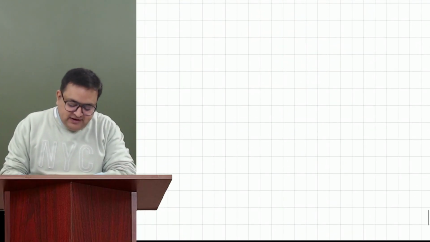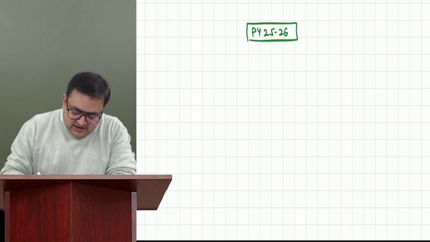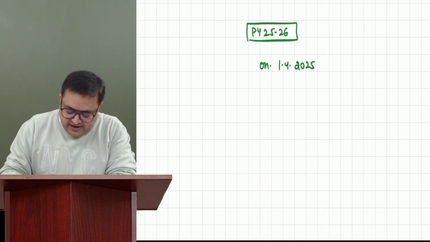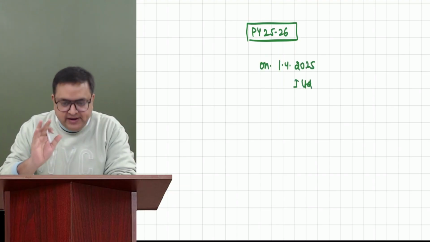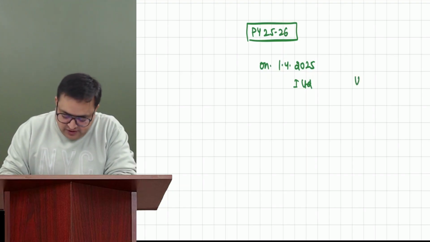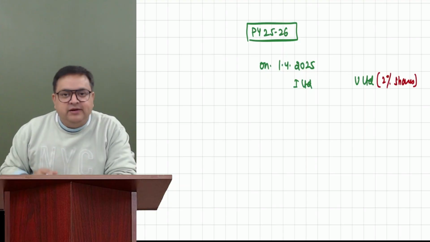Okay, please tell me, let's say this is our previous year 25-26. Let's say on 1/4/2025, I Limited, I for India, and U Limited, U for US. U Limited is holding, let's say, 2% equity shares of I Limited.